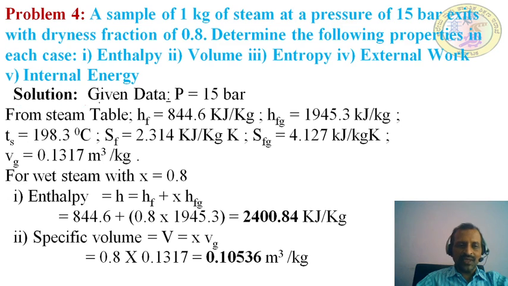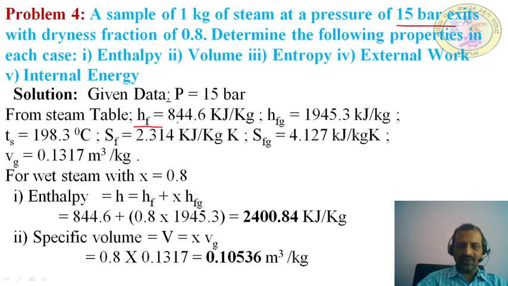Then the solution. The given data: in the problem he has given 15 bar. Again go back to the steam table. If you are using the Kurumi book, open the Kurumi book, go to page number 12. Again refer to the pressure 15 here. For the pressure 15, from the steam table write down the values.